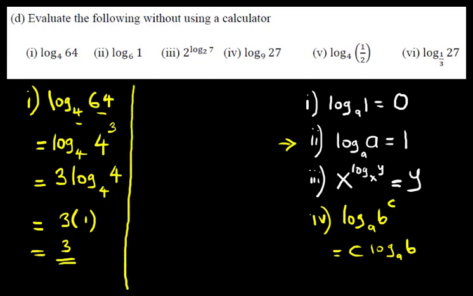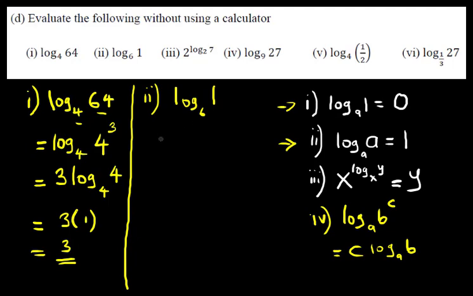So that's question 1. Then question 2, we have log 6 of 1. This of course is equal to 0, from the rule that we have there. But usually examiners would want us to show that you really know how you came about the answer.